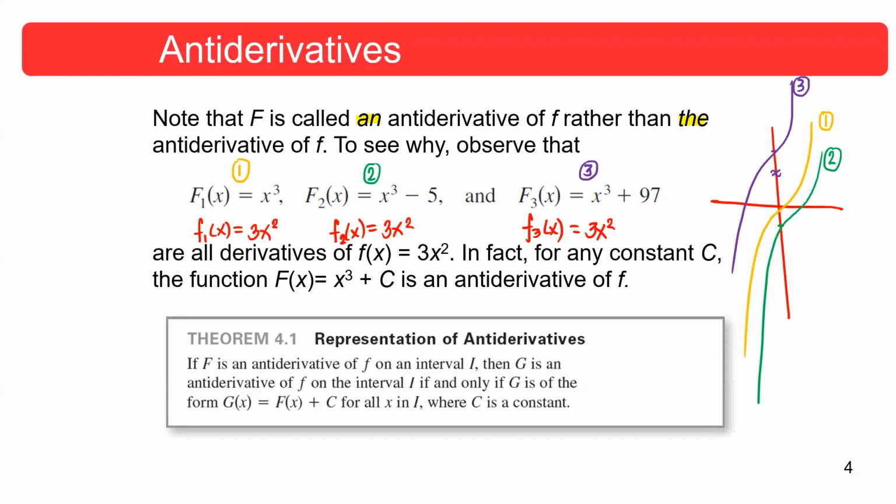Am I correct in saying that the graphs are similar? Yes. So if the graphs are similar, am I also correct in saying that they only differ in terms of constants? Yes, sir.